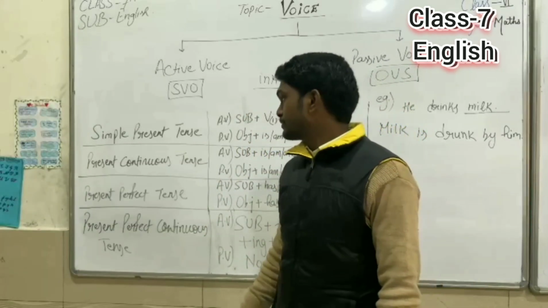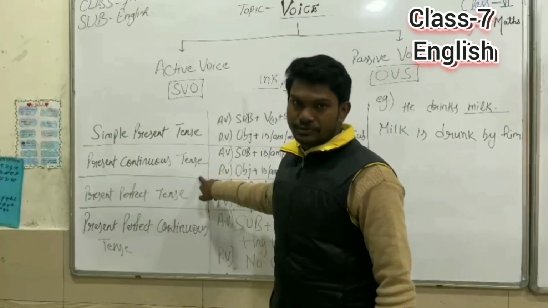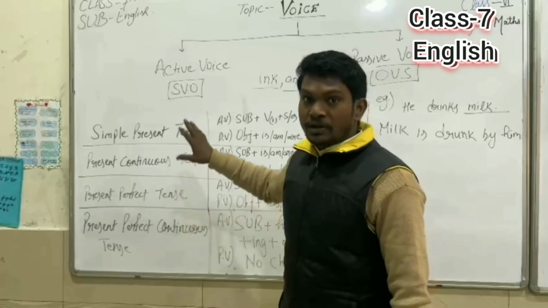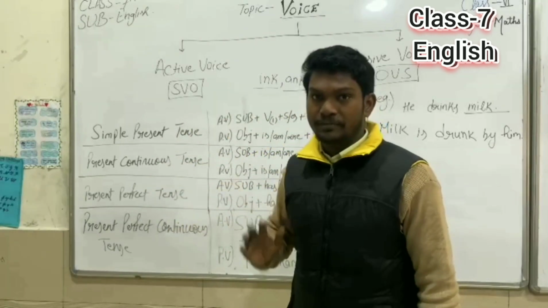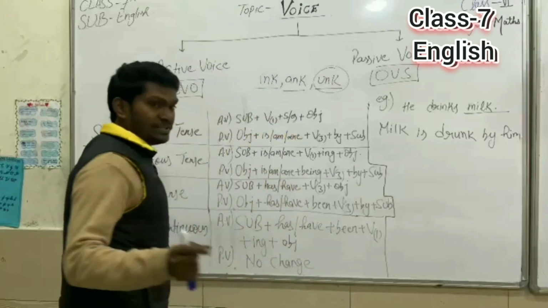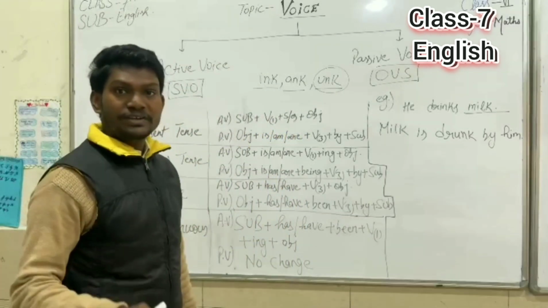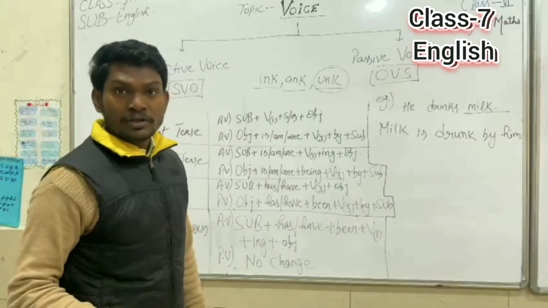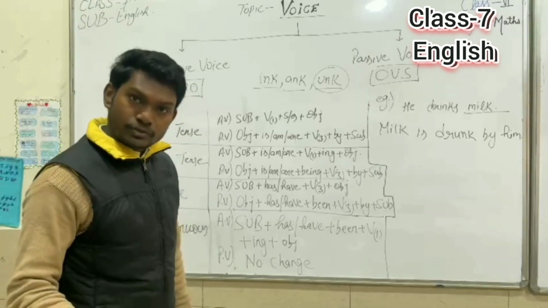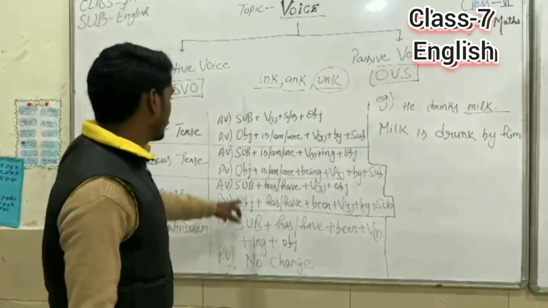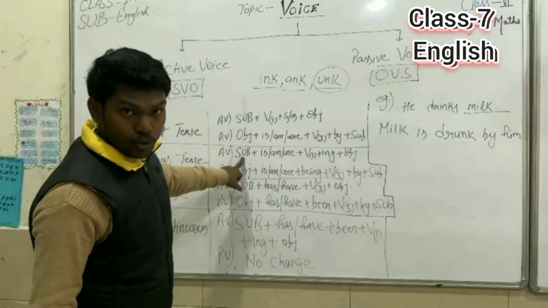Continuous refers to something which is going on, which is happening. Now, the easiest way to find out whether a sentence is written in continuous tense or not is to look at the verb. If it has ing with it, then it is continuous tense. We can go through the rule of present continuous tense.